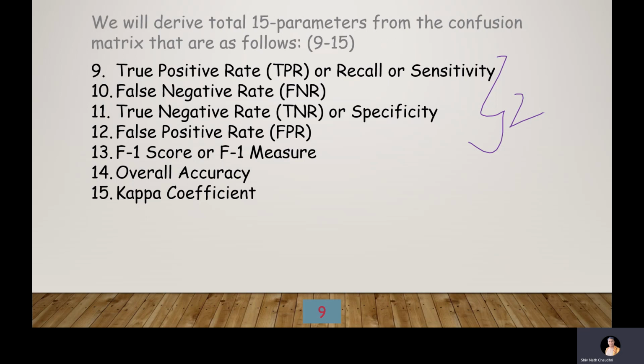While F1 score is the only parameter that is calculated using three types of elements of the confusion matrix. Interestingly, both the remaining parameters, that is overall accuracy and kappa coefficient, are the parameters that are derived using all four types of elements of the confusion matrix.